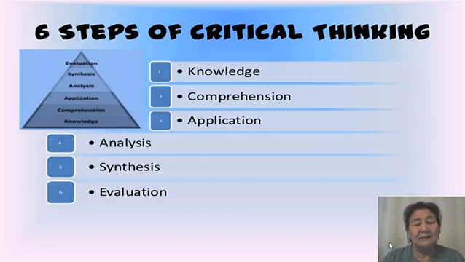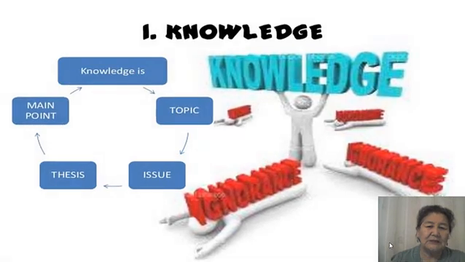In 1956, the great psychologist Benjamin Bloom divided critical thinking into 6 levels. They are knowledge, comprehension, application, analysis, synthesis, evaluation.